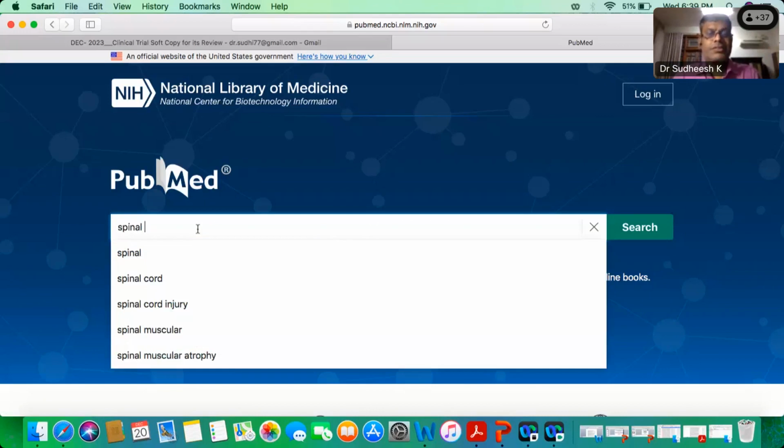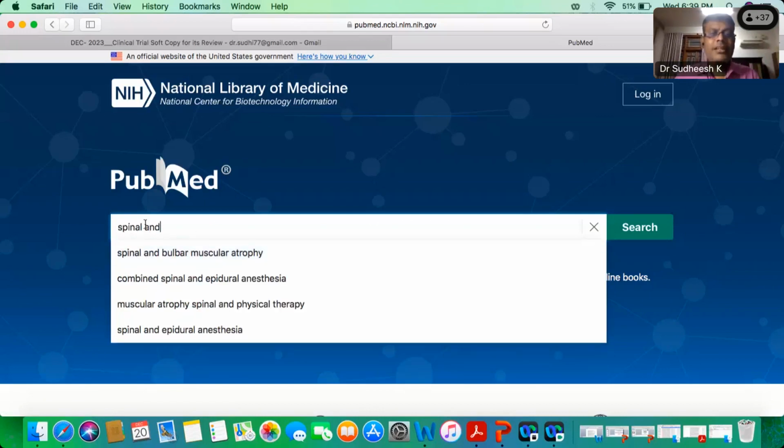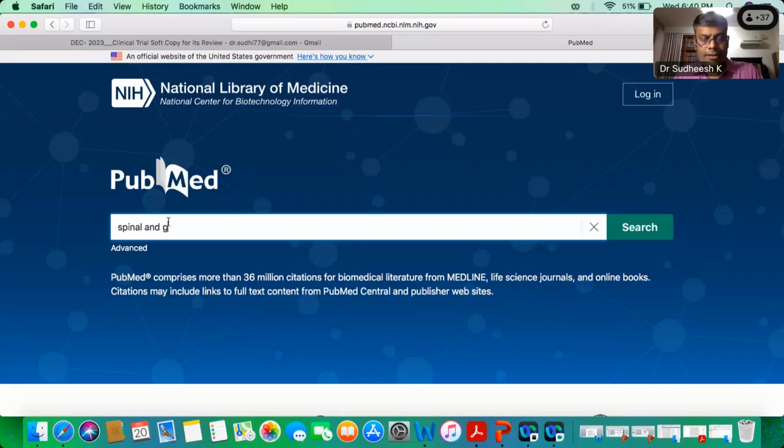I mentioned a word, AND. What is this AND known as? This AND is known as a Boolean term. Various types of Boolean terms are there, and I'll tell you the significance of that. So I mention spinal AND geriatrics like this, and then click.